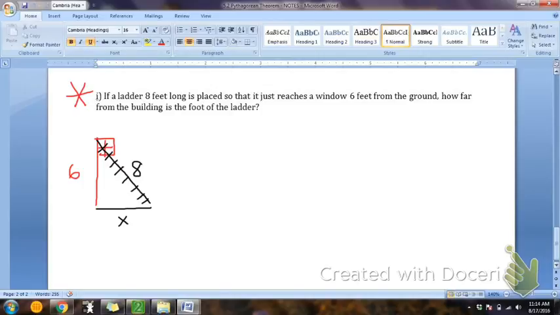And so my right angle is down here in the corner, which means my C value is what? 8. Excellent. All right, so I have C squared equals A squared plus B squared. What is the C value? 8. It's 8, right?